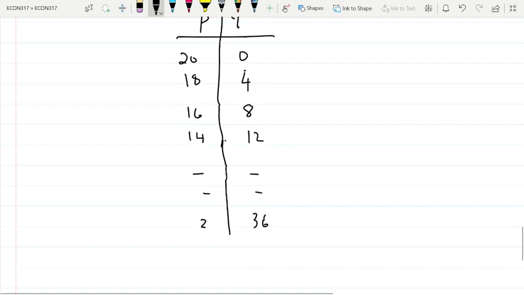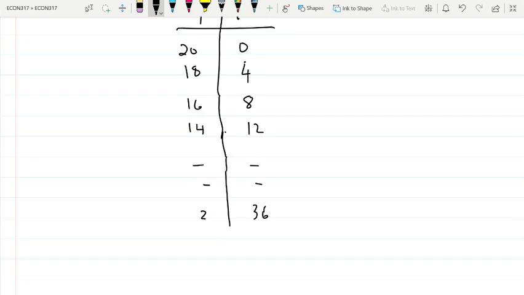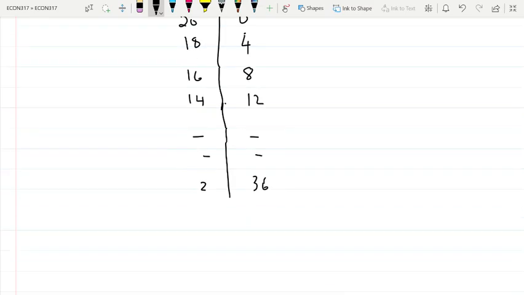You could notice as price goes down by $2 per unit, quantity goes up by 4 units. This is happening every time. From 20 to 18, decline in price is $2, quantity goes up from 0 to 4, then 4 to 8, on and on.